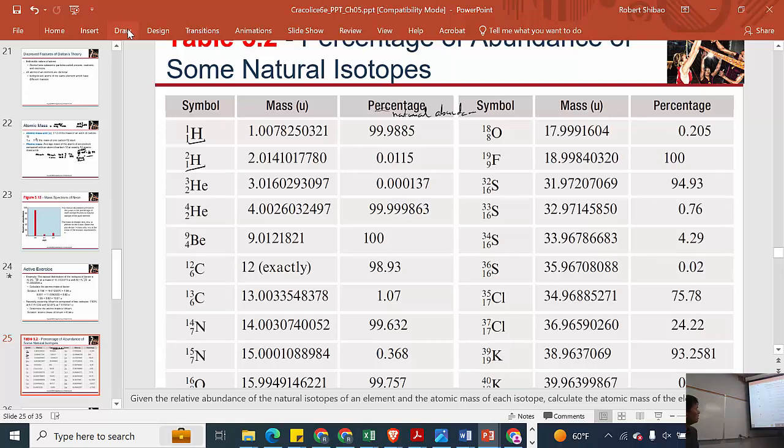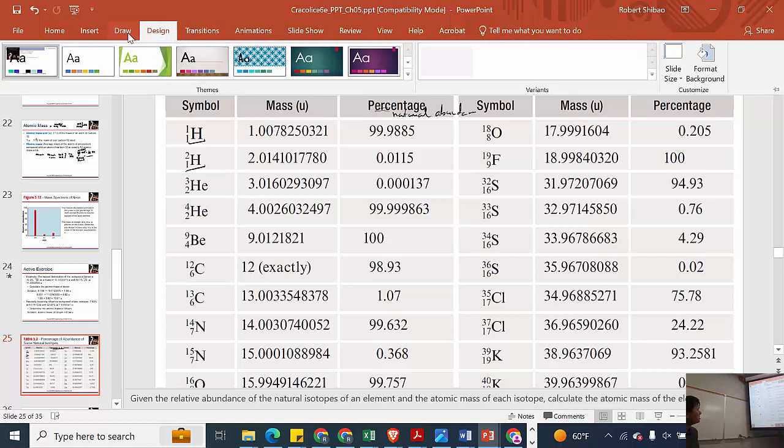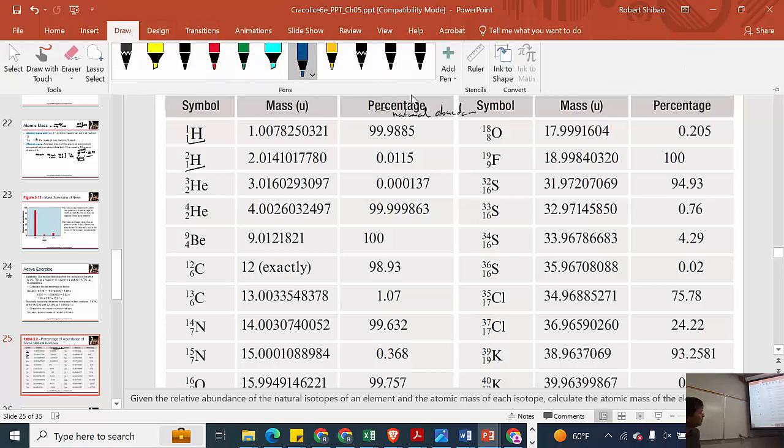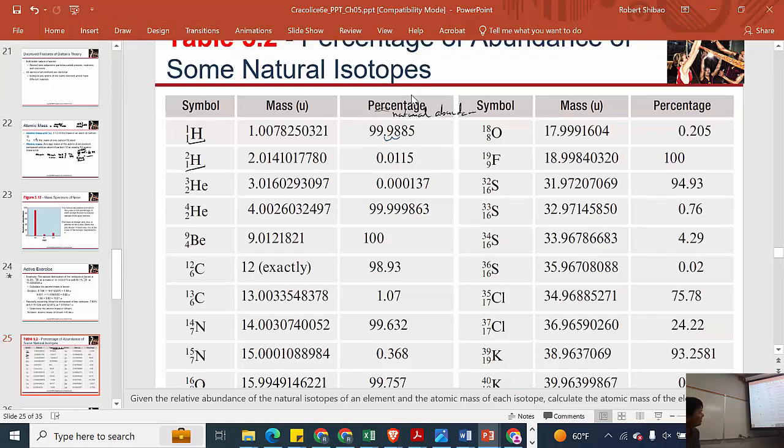And so probably the easiest way to visualize this is like this. I'm going to move this over 1, 2, 3, 4, and move this over 1, 2, 3, 4. And so what this says to me is, in terms of fractional abundance, 999,885 out of 1,000,000 are hydrogen 1 and weigh this much.